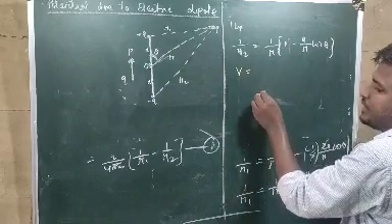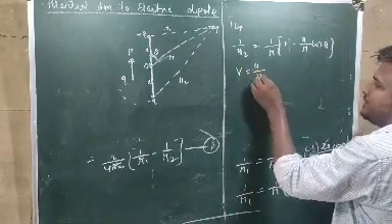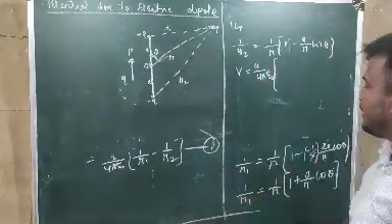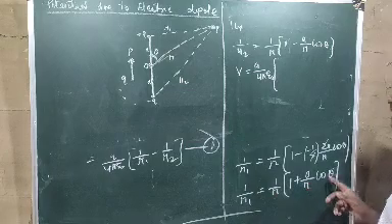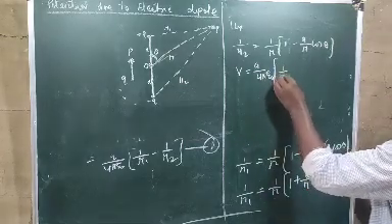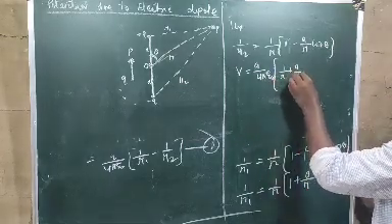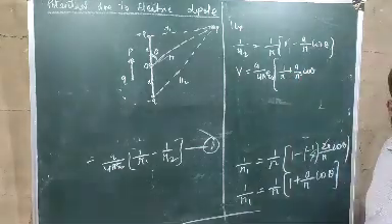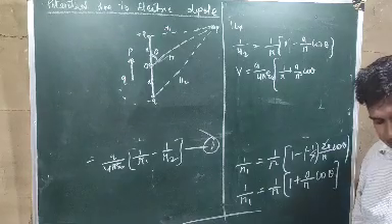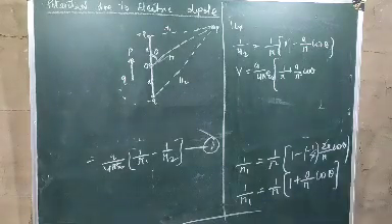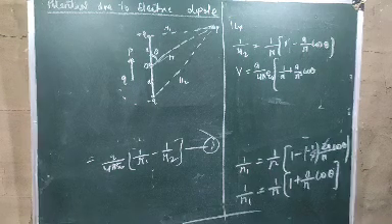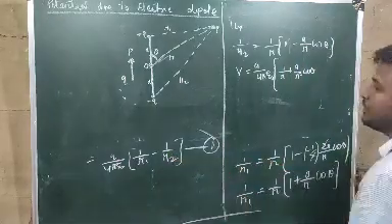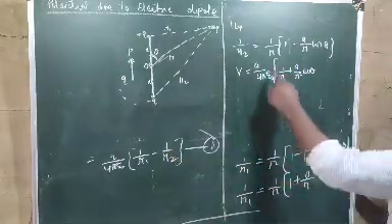Total potential V will be equal to q by 4 pi epsilon naught. If I put here 1 by r1, what is 1 by r1? This one is 1 by r1. So if I multiply and write, it is 1 by r plus a by r square cos theta. Now for 1 by r2, this is the value of 1 by r2.